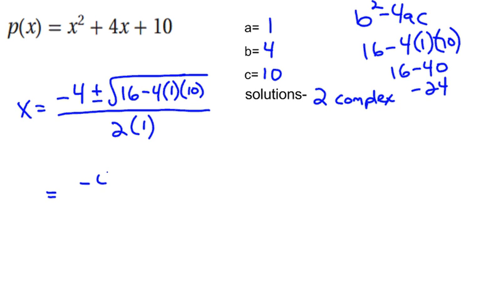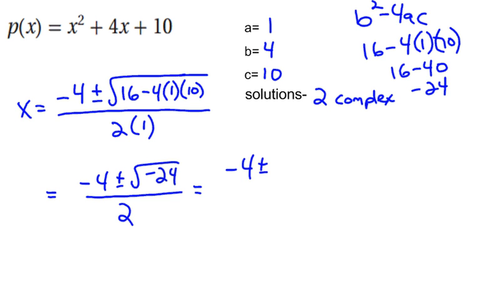This equals negative 4 plus or minus, we already did that out, the square root of negative 24 all over 2, which can be simplified to negative 4 plus or minus, that negative under the radical is going to give us an i, and 24 can be 2 radical 6, that's all over 2.